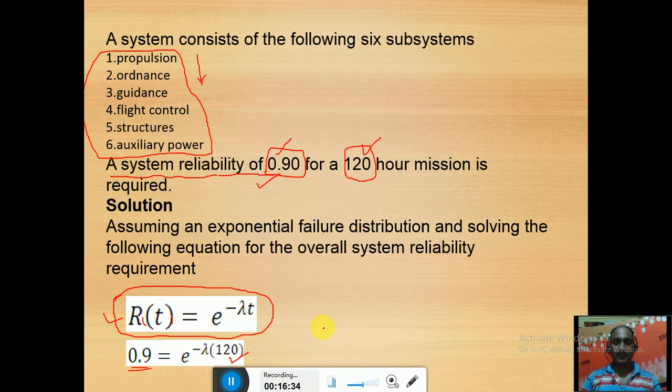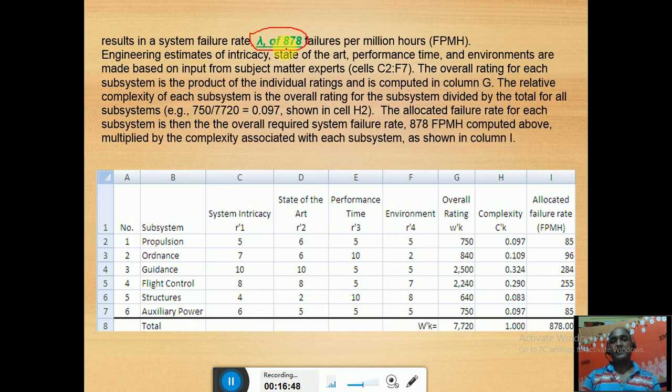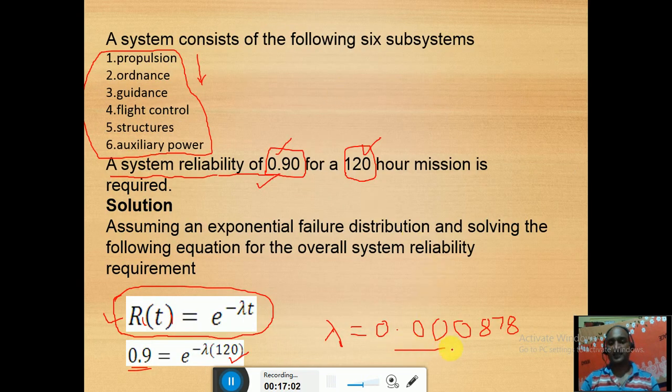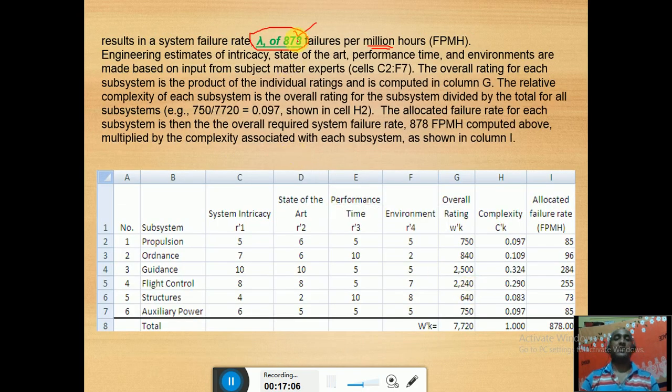Basically, the value of lambda is 0.0000878. But we are going to write this lambda in terms of per million hours. So you will get 878 per million hours; just multiply by a million. This value is the same as this one.